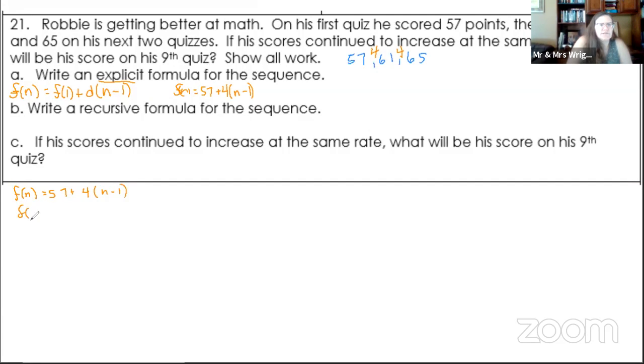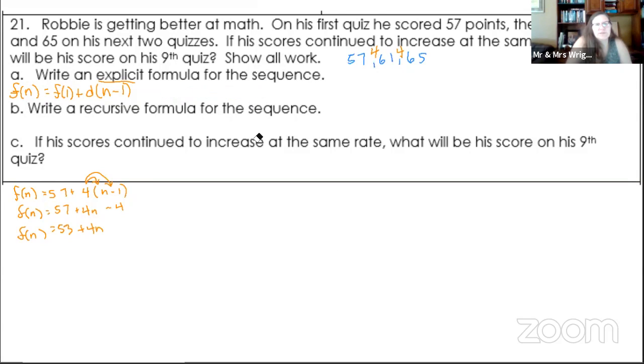All right, so f of n is 57 plus, let's distribute out this 4n minus 4. So f of n is 57 minus 4. 57 minus 4 is going to be 53 plus 4n.